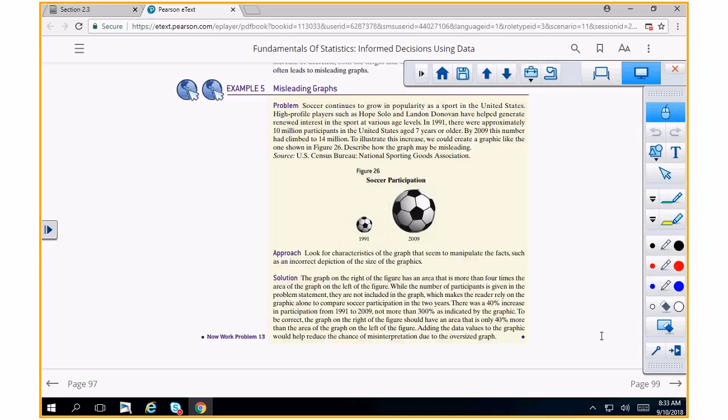There is 10 little balls represented right there. You see what I'm saying? So that picture is showing that the participation is 10 times more in 2009 than in 1991. Okay?